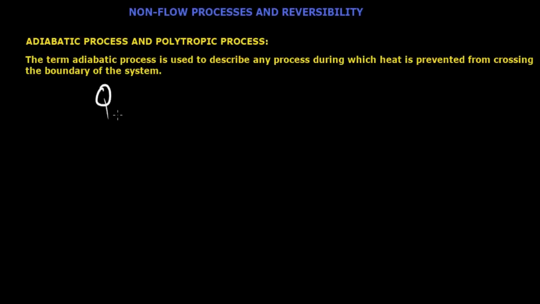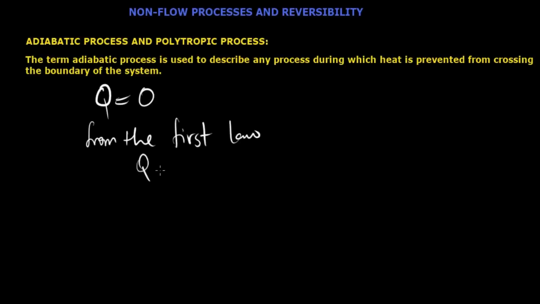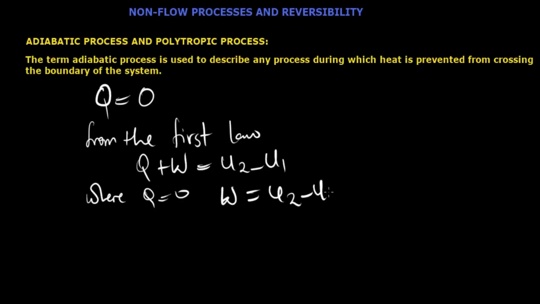that Q is equal to 0, and from the first law, Q plus W is equal to U2 minus U1, where Q is equal to 0, W is equal to U2 minus U1, and this is for the steam stage.